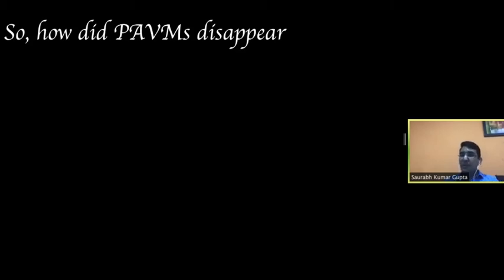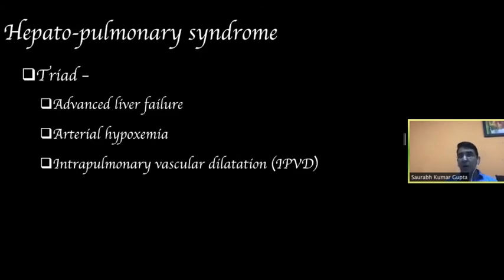Now, since we have got so far, let's discuss a little bit about that. I'll introduce this term, and I'm sure a lot of you are already aware of hepatopulmonary syndrome. This is a triad of advanced liver failure, arterial hypoxemia, and intrapulmonary vascular dilatation. And this intrapulmonary vascular dilatation is not the same as pulmonary AV fistula.